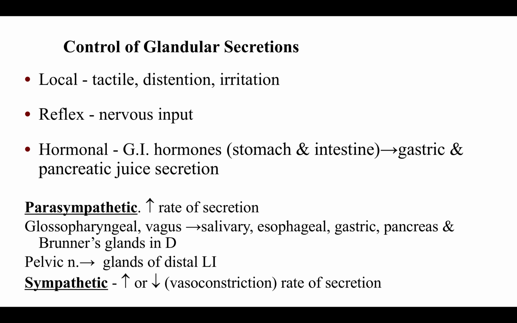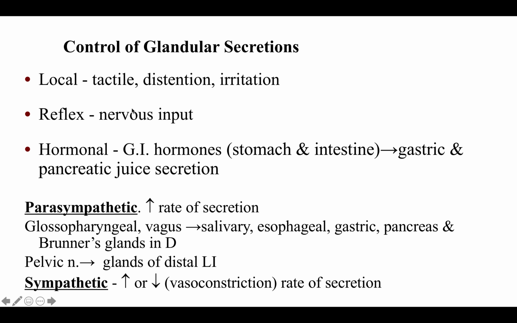Now, the gland function within the gastrointestinal tract is controlled by several mechanisms. The first one is local, where there is a tactile stimulation of the mucosa by either distension or irritation, resulting in either an increase or decrease in the secretion of these glands.